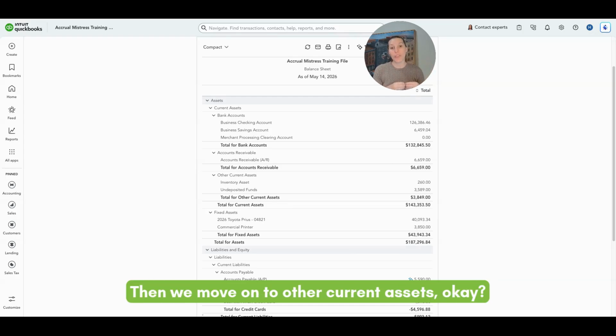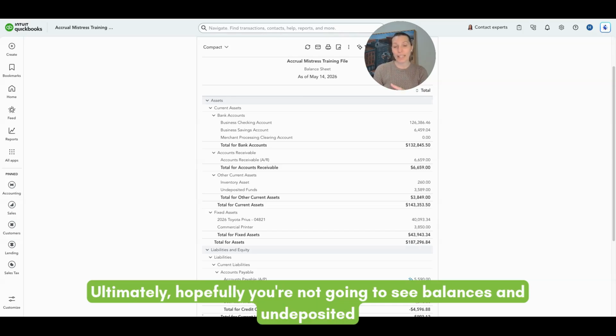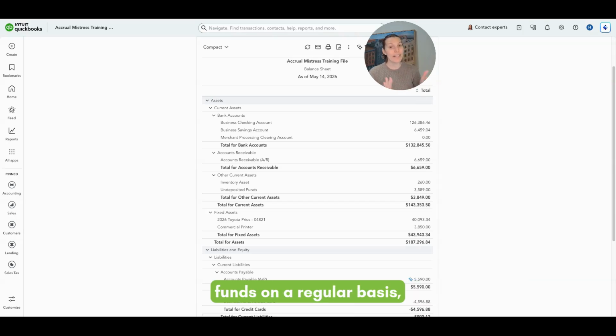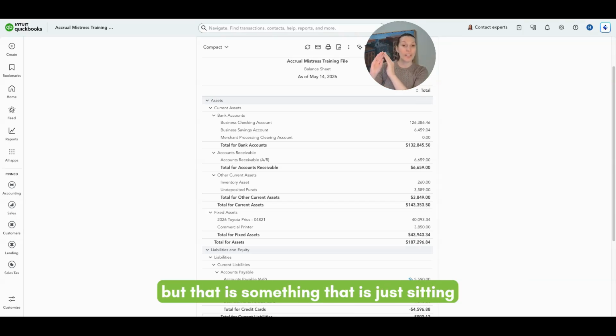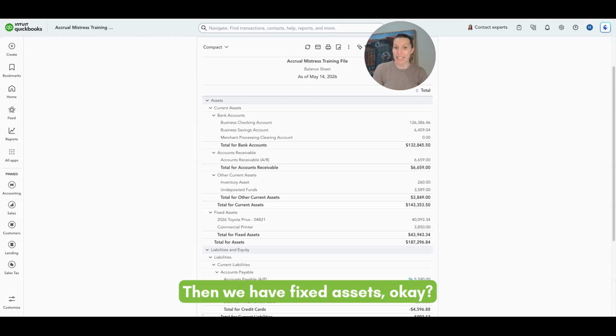Then we move on to other current assets, okay? Things like inventory, and then undeposited funds is here. Ultimately, hopefully you're not going to see balances in undeposited funds on a regular basis, but that is something that is just sitting there waiting to be deposited into a cash account. So that is very quickly turned into liquid cash. Then we have fixed assets, okay?